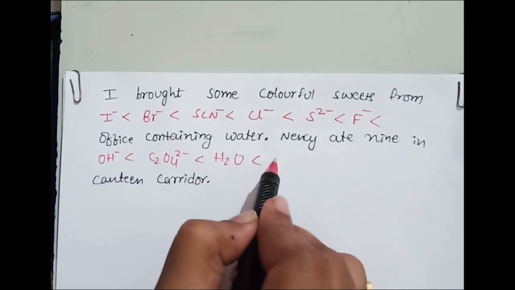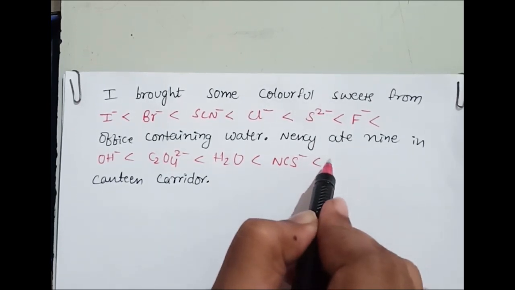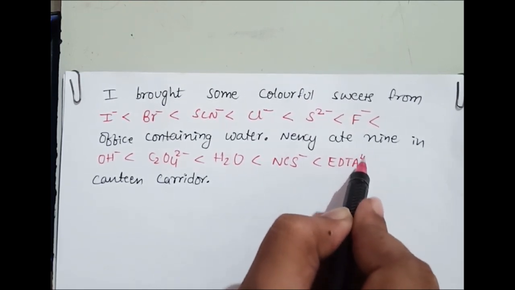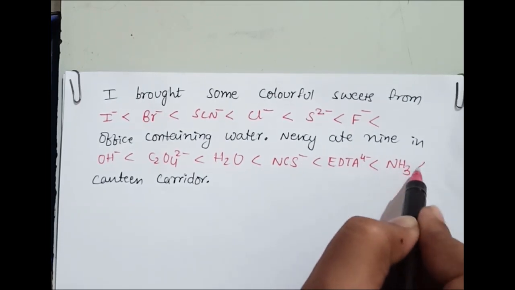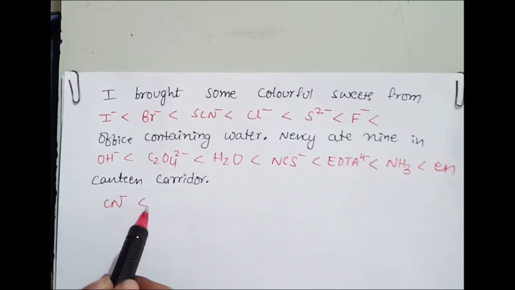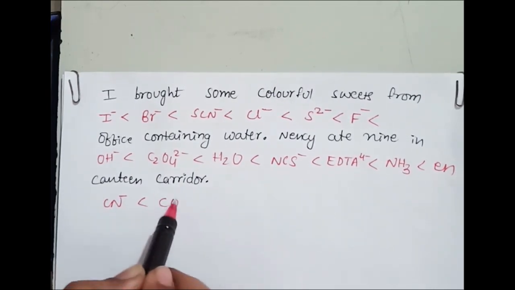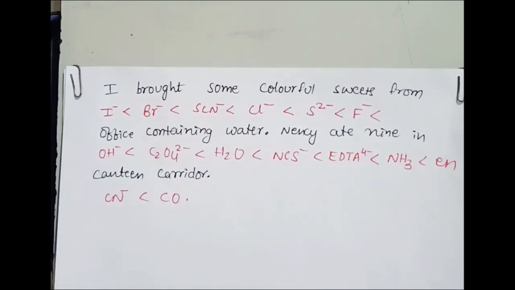Nancy means isothiocyanate, 8 means EDTA 4 minus, then 9 means ammonia, then En means ethane 1,2-diamine, canteen means CN minus, corridor means CO. This is the easiest technique to remember the spectrochemical series.